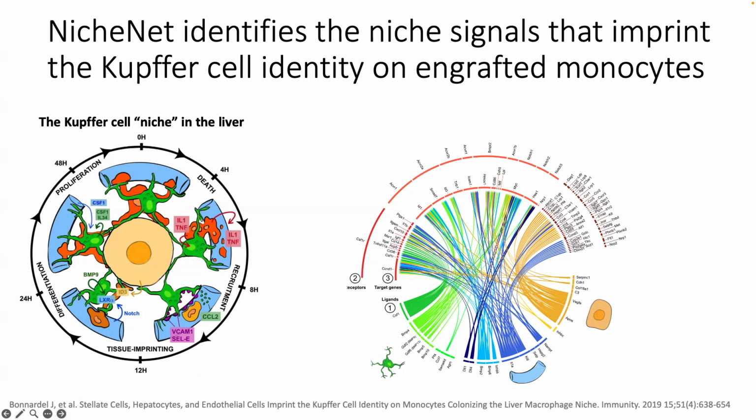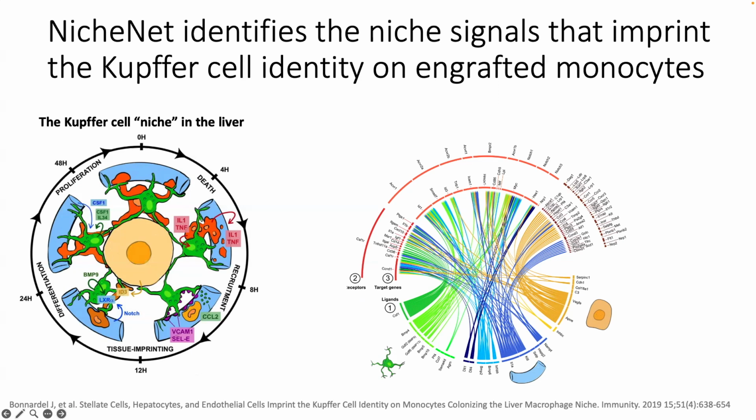So what you see in this inner circle here are all the target genes in the monocytes that are on their way to become Kupffer cells. And you also see the receptors for each target group here. And now you can basically see how the different cell types are kind of tissue imprinting these incoming monocytes.